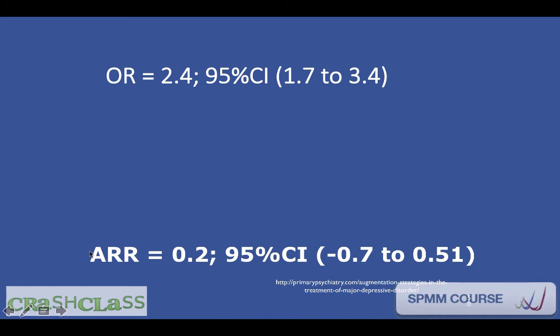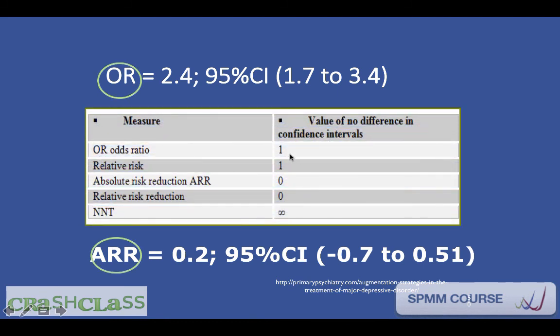For a subtraction like ARR, 0 is the value of no difference. So for OR it's 1, for ARR it's 0. What about other metrics? OR: 1 is the value of no difference. RR is also a ratio, so 1 is the value of no difference. ARR is a reduction, so 0 is the value of no difference. RRR is also a reduction, so 0 is the value of no difference.